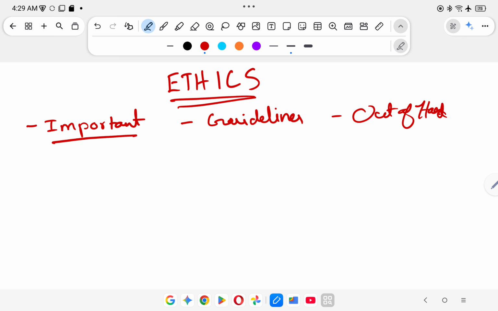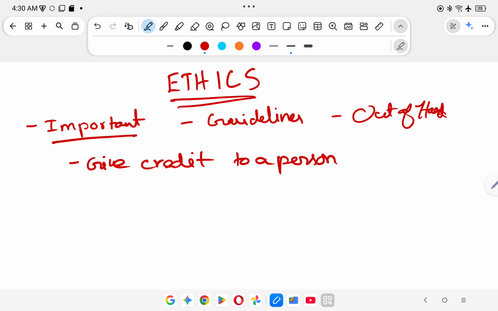Certain ethics are just common sense. For example, give credit where it's due, so give credit to a person where it's due. Say you are going through somebody else's research, and when you look at it, you get an idea for your research.